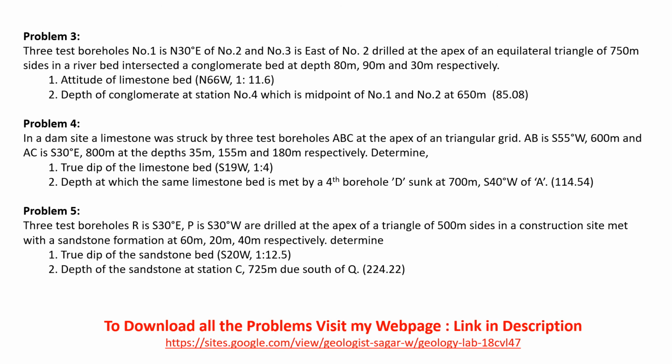So the least borehole becomes A to B and A to C, directions are given, and the depths are given. So you can find out the gradient and calculate the depth of the fourth borewell. Same way, the fifth problem you can solve in a similar fashion.